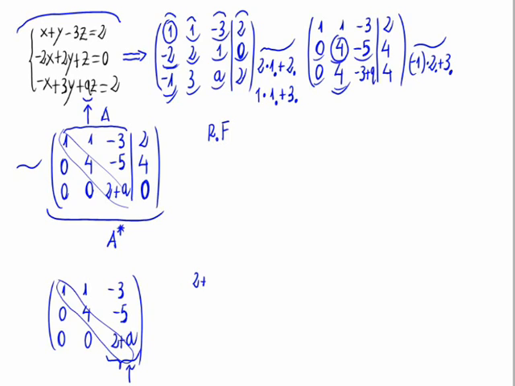So if 2 plus a were different from 0, that means that a is different from minus 2, the rank of the matrix A would be equal to 3.